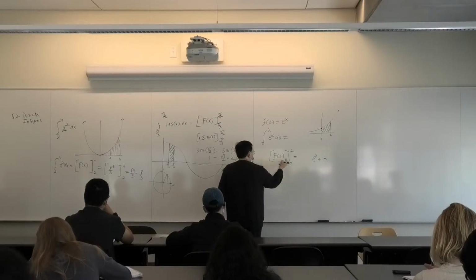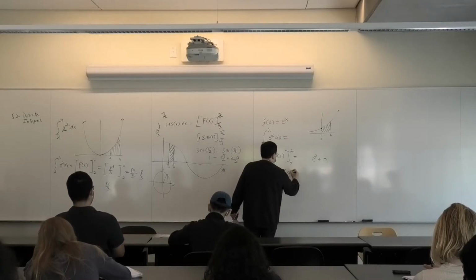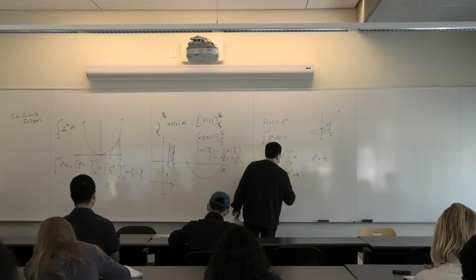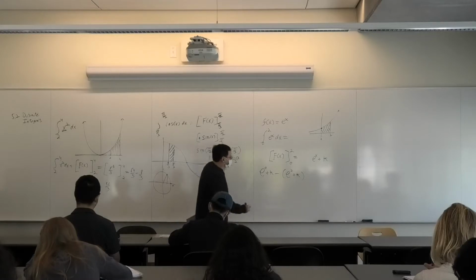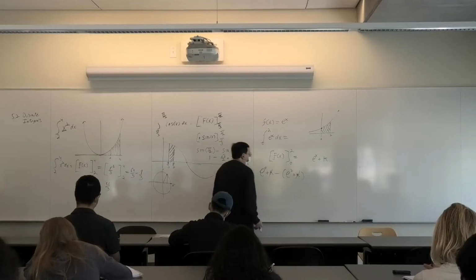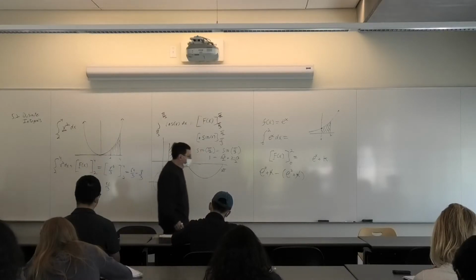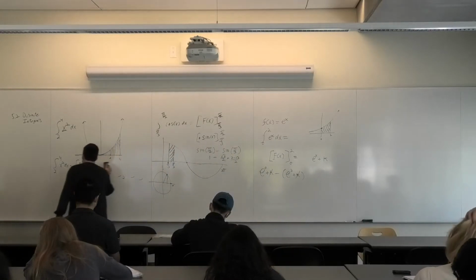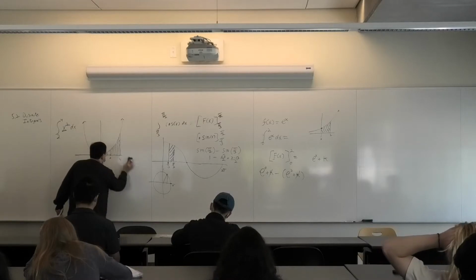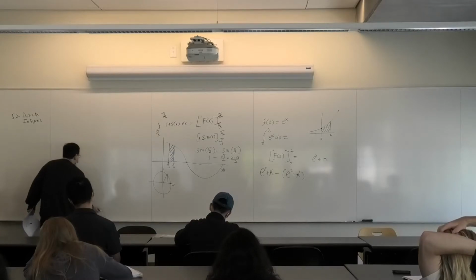According to my notation, this is e to the 2 plus k minus e to the 0 plus k. So whatever constant I pick is going to go away. Go back to that graph I drew when I was showing you how we get this.